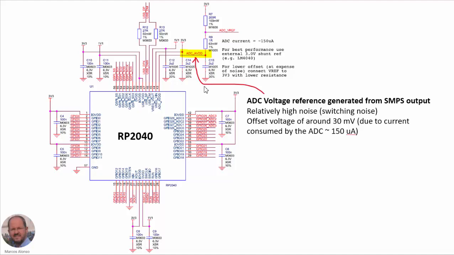The voltage is going to have relatively high noise due to the switching noise. And the other point is that we are going to have an offset voltage of around 30 millivolts because we have some consumption here of current into the input of the ADC converter, which is approximately 150 microamperes. This current multiplied by 200 ohm here, which is the value of this resistance, gives 30 millivolts for the offset voltage.